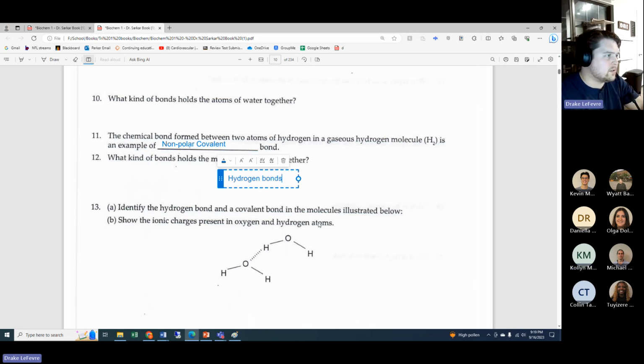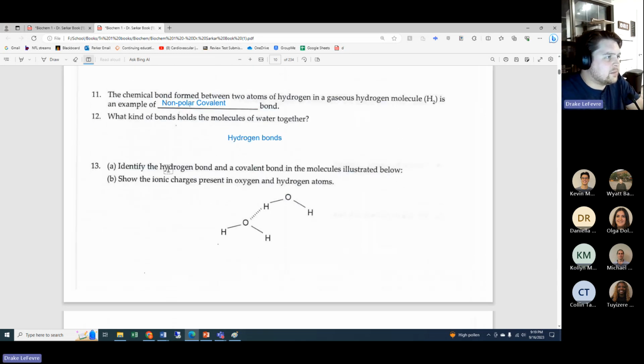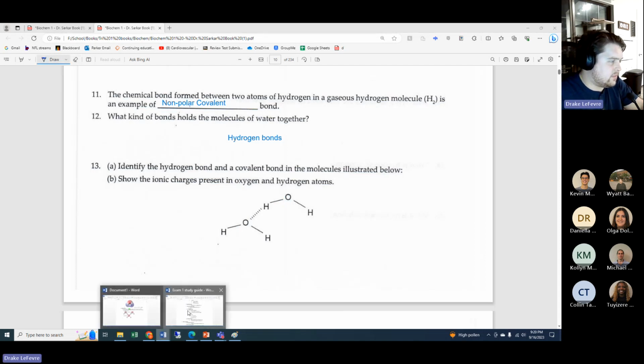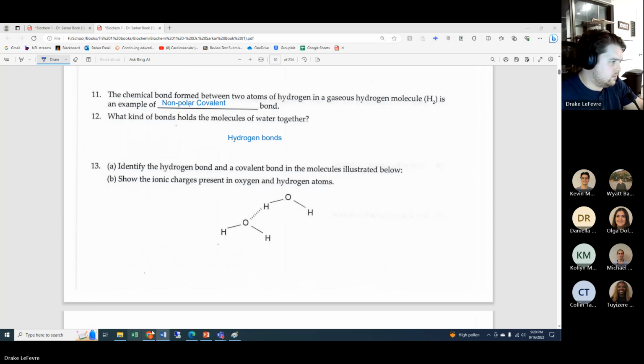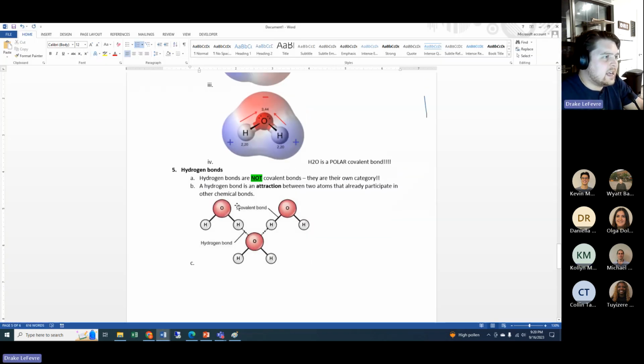We just talked all about those. Identify the hydrogen bond and a covalent bond in the molecules illustrated below. We can look, this bond right here, is that hydrogen or covalent? Hydrogen. So if we look at the definition of a hydrogen bond: a hydrogen bond is an attraction between two atoms that already participate in other chemical bonds.